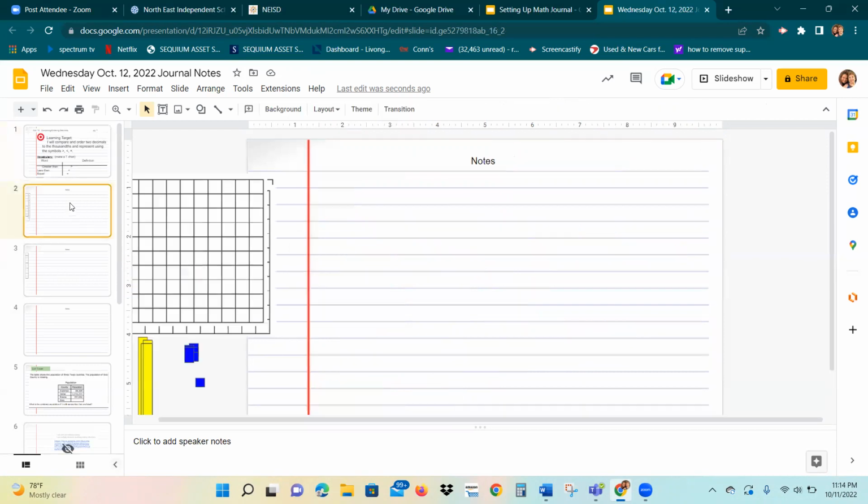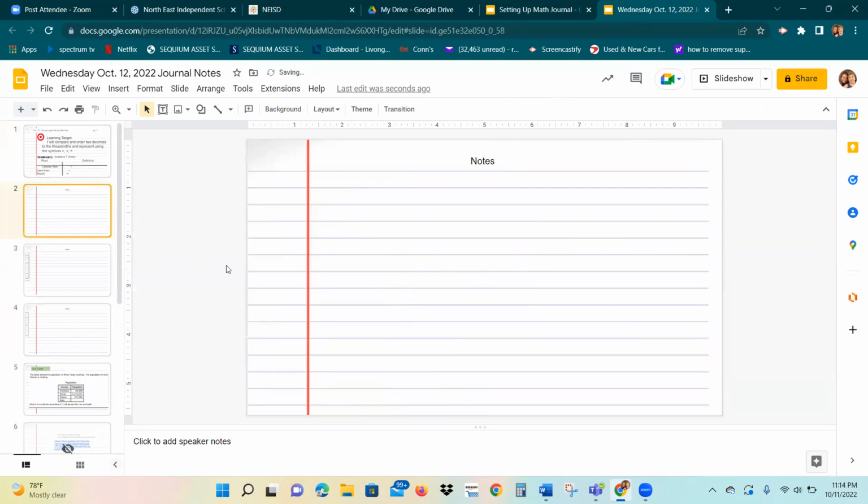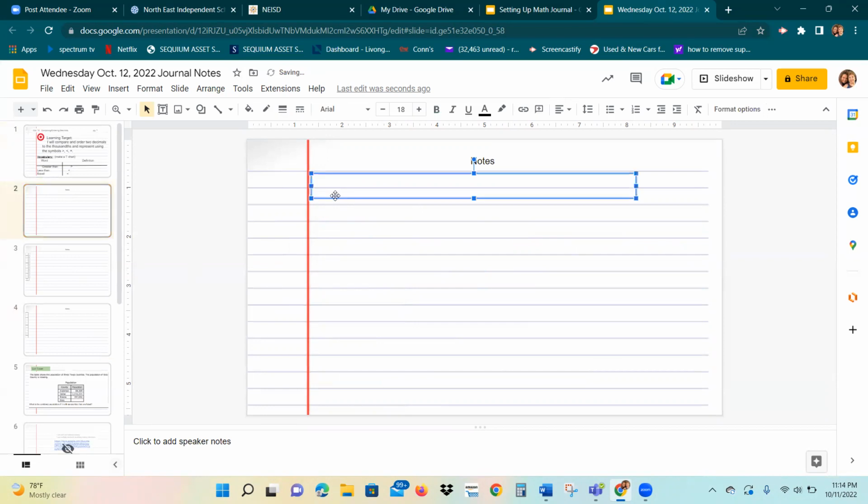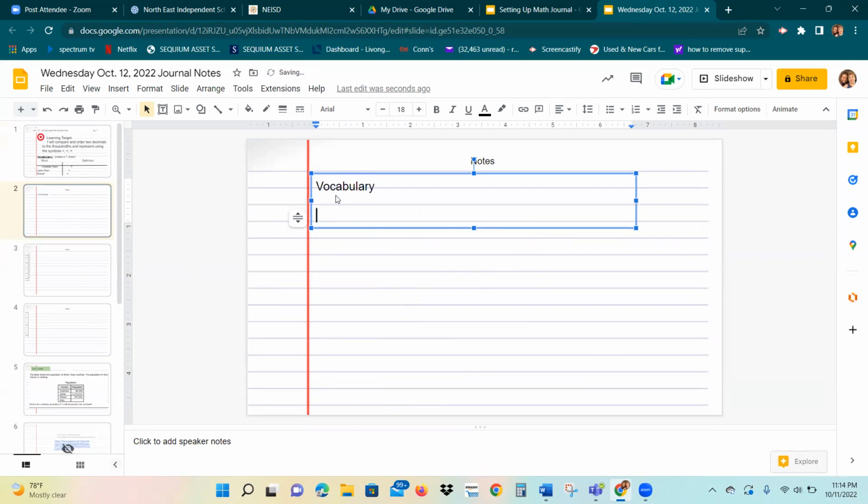I'm going to move the rest of the notes over here. I'm going to insert this page here and continue with the vocabulary. The next one I want to make sure that you remember is the definition of decimal.